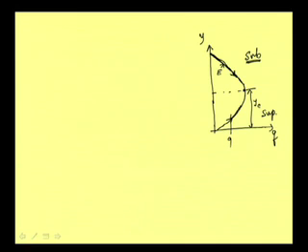Say Q1 is this one, Q2 is this one. When Q2 is greater than Q1, we can see that this is Y1 and this is Y2.